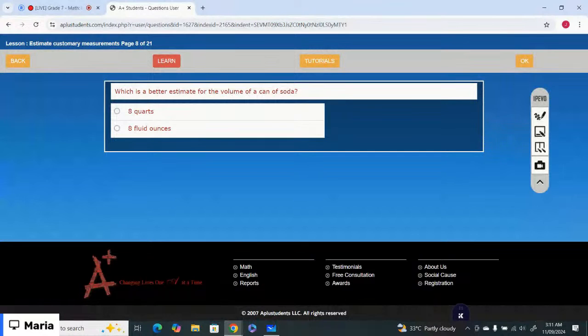The correct option is 8 fluid ounces. Option number 2 is the correct option.